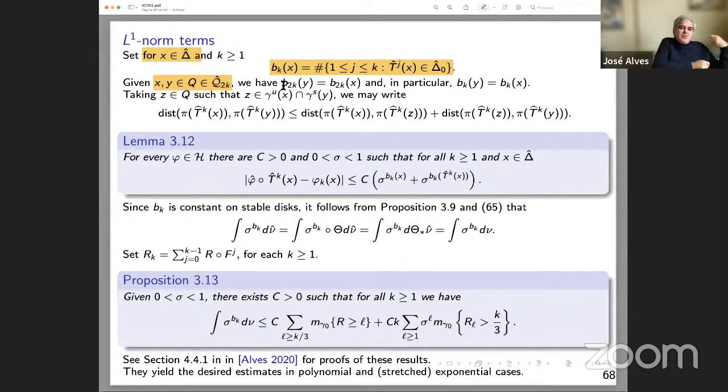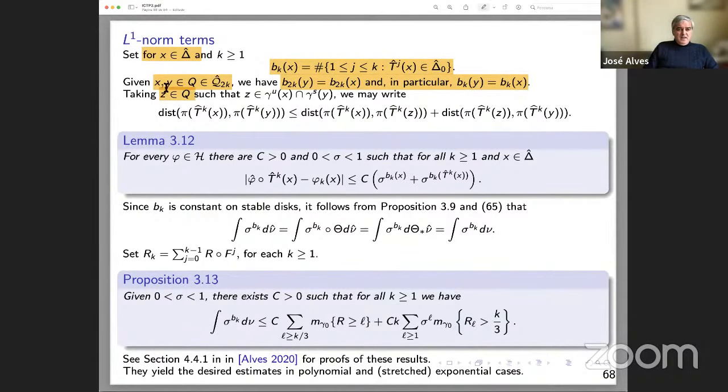But since we refine 2k times, if we consider iterates up to k, they always visit the same elements in the partition. And so, in particular, this is what matters, b_k of y is equal to b_k of x. So if we take a point in an element of the partition, I've given 2 points.